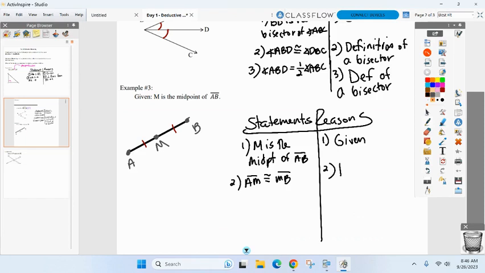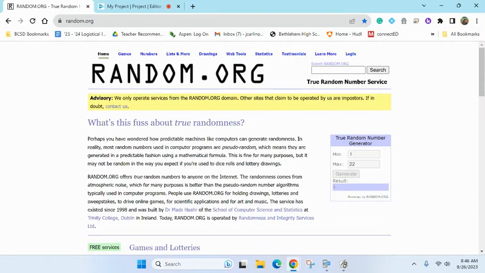Midpoint. So instead of definition of bisector, I'm going to write definition of midpoint. Midpoint cuts a segment into two congruent parts and cuts the whole segment in half. So yes, I want another statement that says, all right, let's pick one of the two right now. I'll pick MB. MB is equal to, I don't want AM again, I already wrote that. Half of, what's the full line segment it's half of?